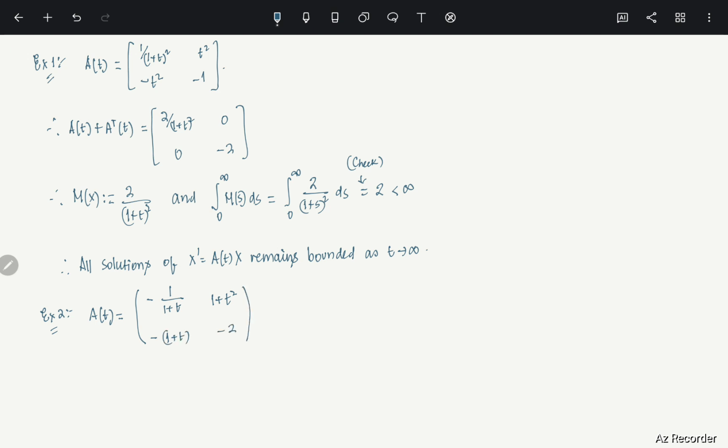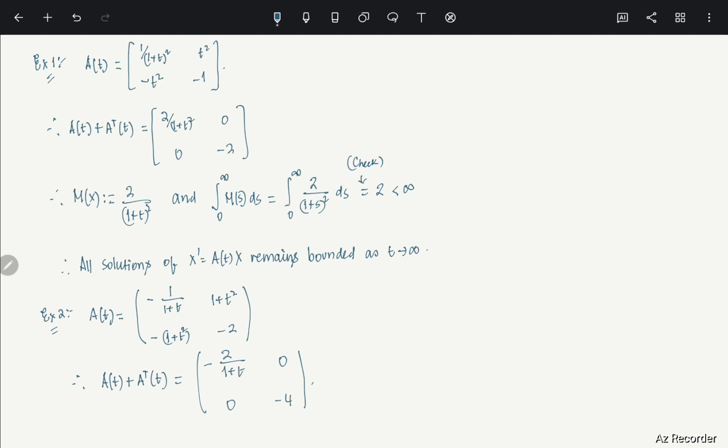Let's look at A(t) plus A transpose of t. It is 2 by 1 plus t, and the off-diagonal terms with t square get cancelled out and become 0. We are just making our life easier. And the last term is minus 2 minus 2, minus 4.